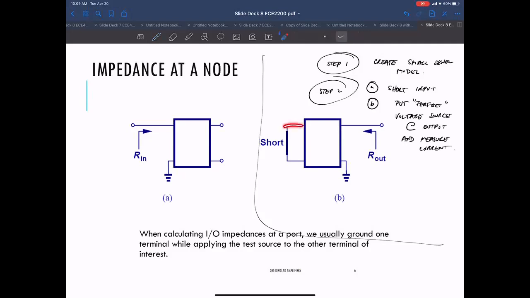So you short the input, put a voltage source here, and measure the current. The ratio of those two things ends up being R out.